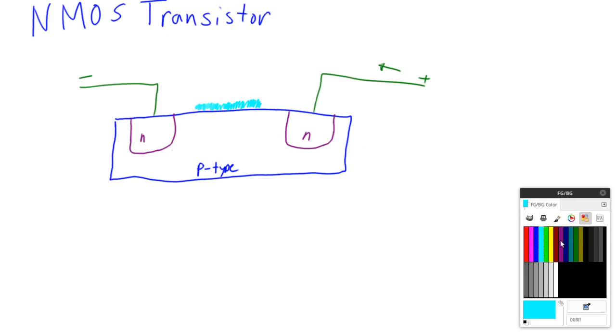Now let's add a metal plate on top of this. It can just be a thin metal plate. And we have another wire on here. And now let's say we applied a minus here. If we applied a minus voltage, meaning that we have an excess of electrons on here, or you can almost think of this as a P material for the time being, this is an N material, you could think of it as.